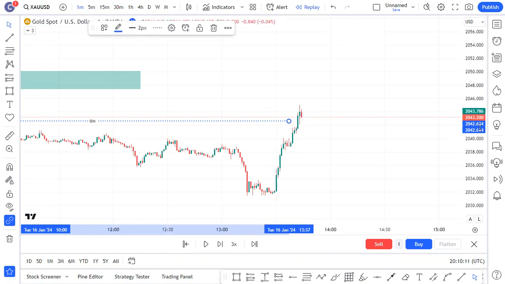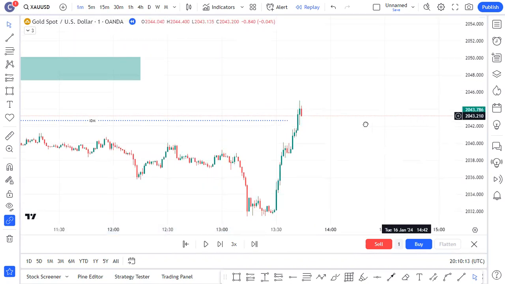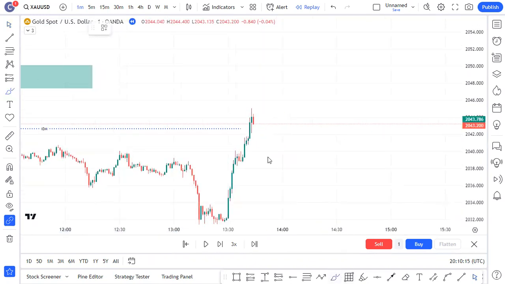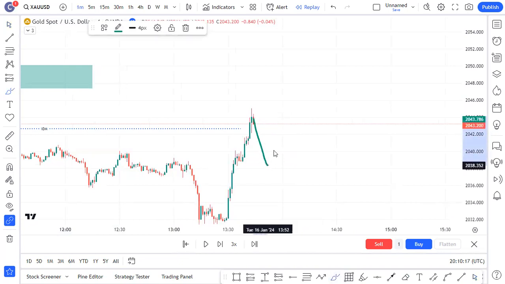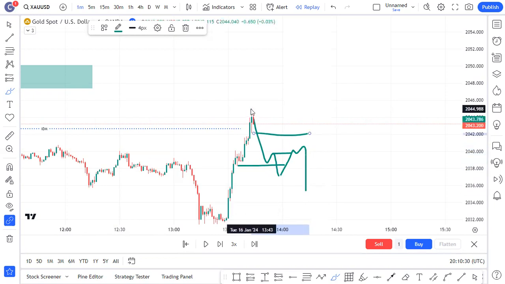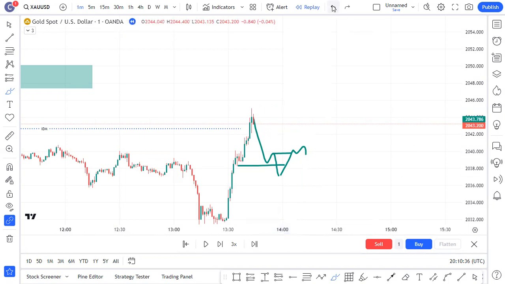And I'm waiting for the market to create something that looks like this, at least, right? Break this low like this, takes out this inducement, maybe it sweeps, then I can sell on a single candle order block, or it can tap on my supply zone as another additional information. So that's how the market looks like as for now.